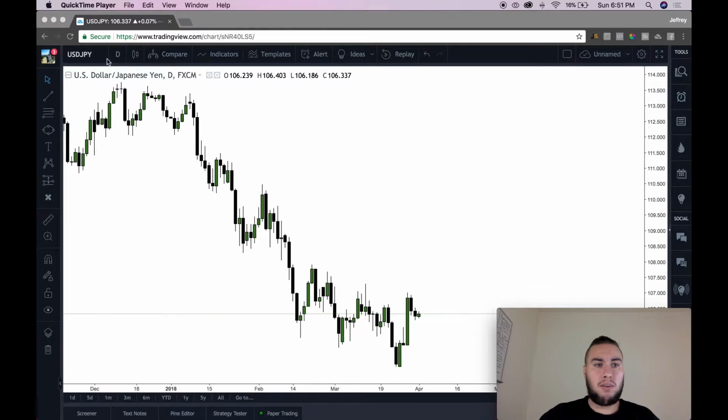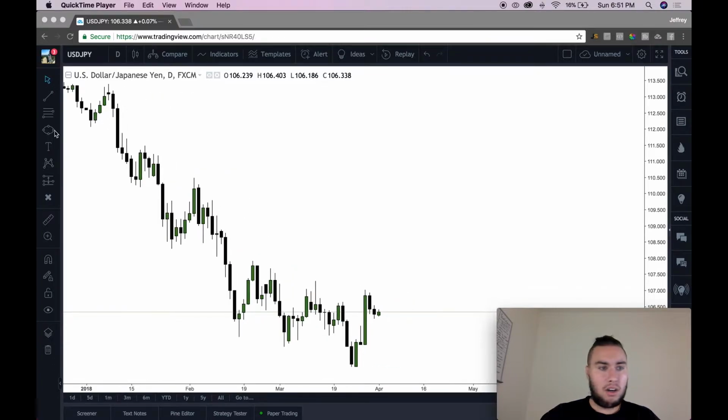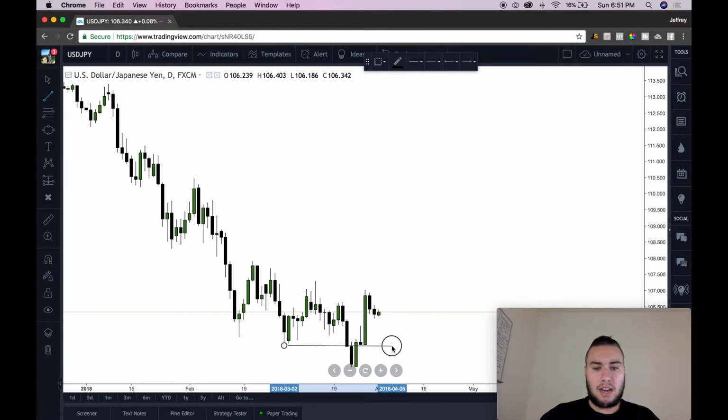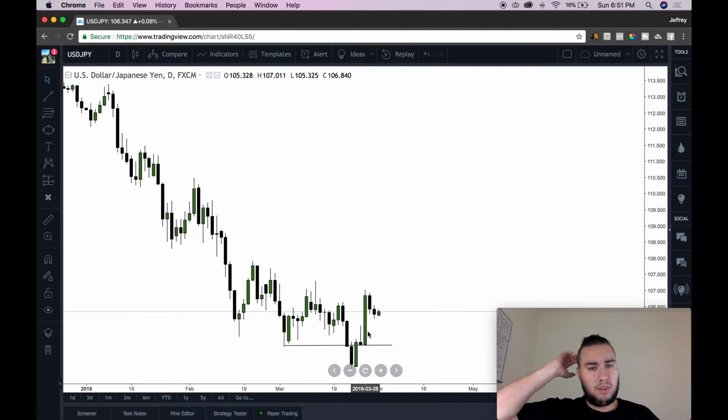For this example, I'm using USD JPY on a daily time frame, and one of the trade patterns that ICT teaches is called the turtle soup pattern. I believe he got it from Larry Williams, and there was a book on it that he had read.